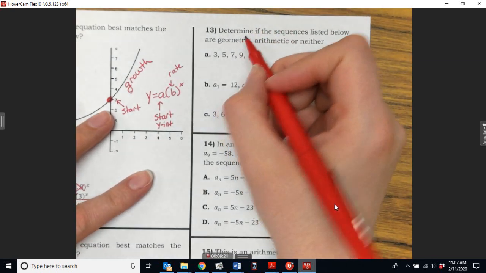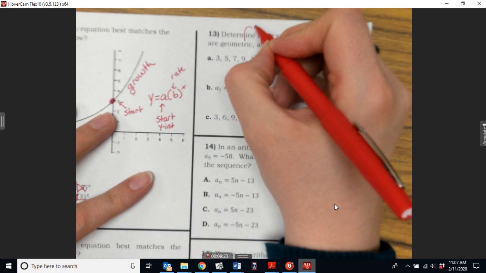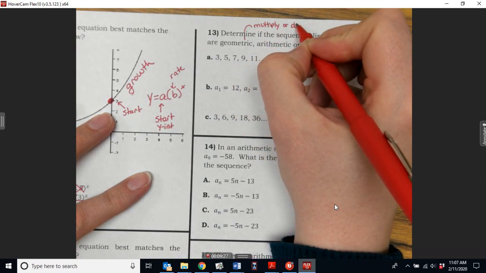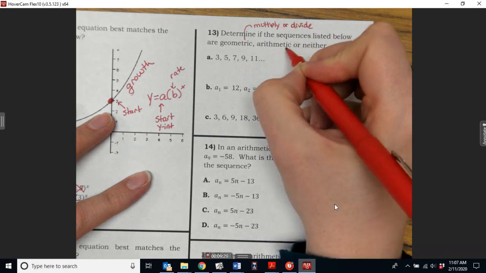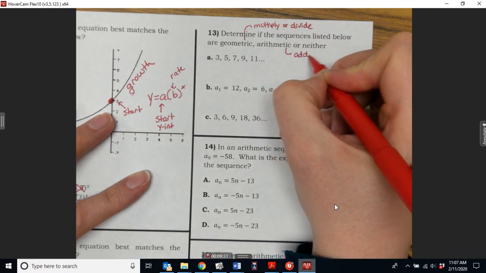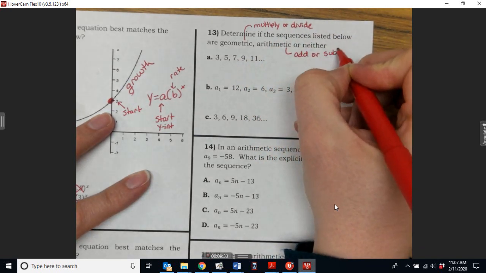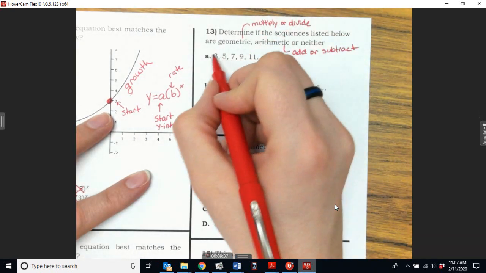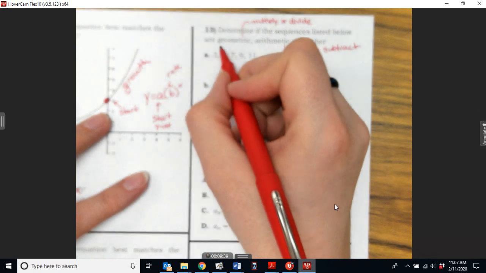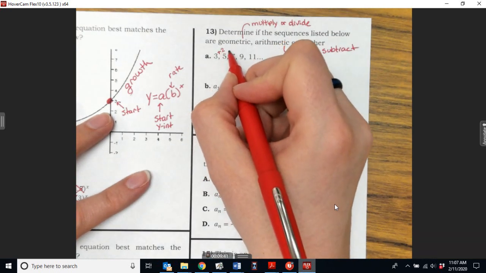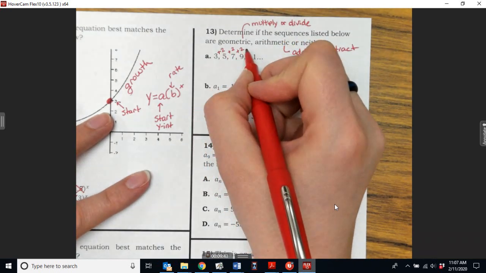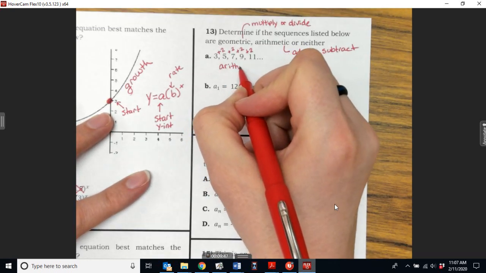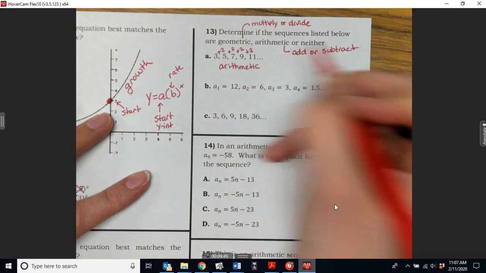Geometric. Remember, geometric is where you multiply or divide by the same number, and arithmetic is where you add or subtract. And on letter A, to get from 3 to 5, I add 2, and then I add 2 again, and add 2 again, and add 2 again. So this means it's arithmetic.